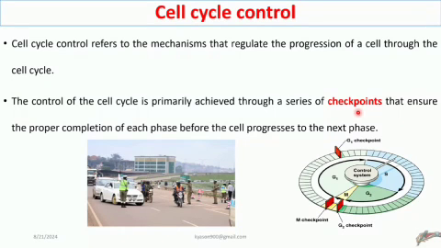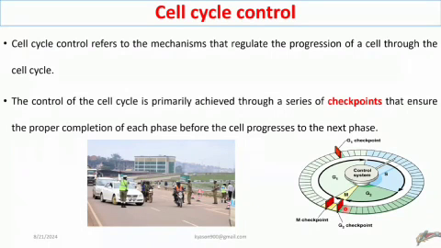You can think of these checkpoints as being like the checkpoints you find on roads. For example, you're driving, and if your license is expired, you're not allowed to remain on the road. If your car is in terrible condition, you're not allowed to be on the road. Same thing here.